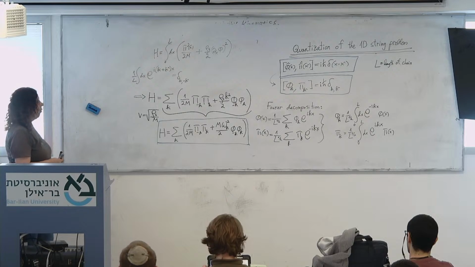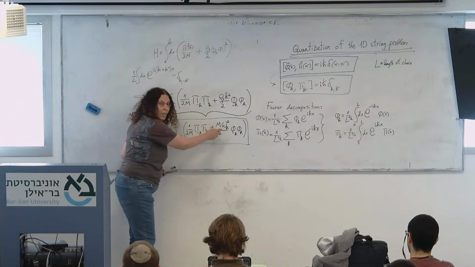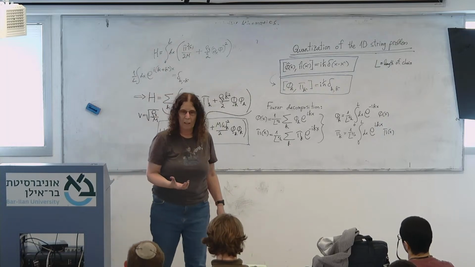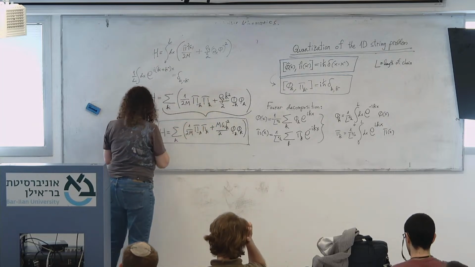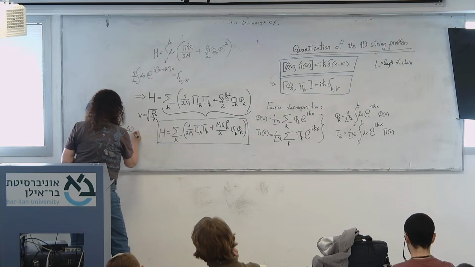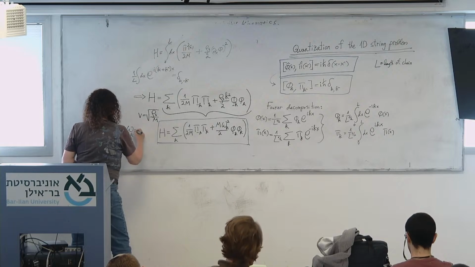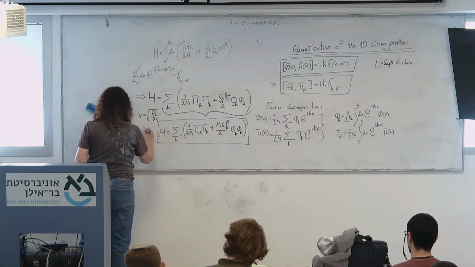Okay? Now, what is this omega? So here I introduced something that has units of frequency. And what is this frequency? It is nothing but a change of variables. You can easily convince yourself that omega k is in fact nothing but v, this same velocity, times k.